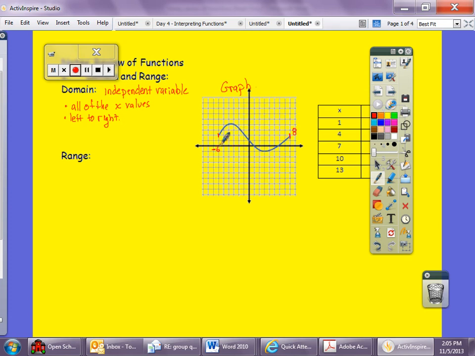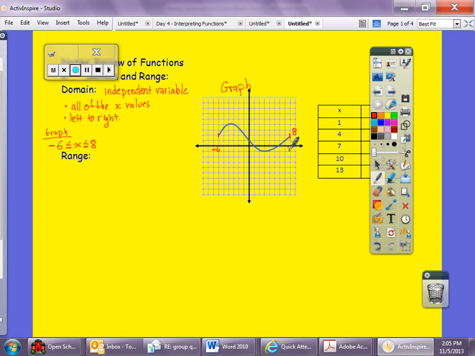So the domain of the graph goes from -6 all the way up to 8. So x is any number in between -6 and 8.